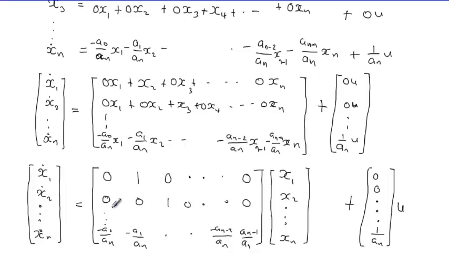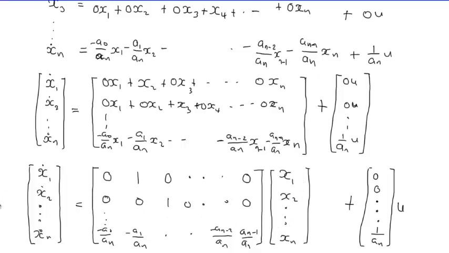Now, if we look at this, the differential equation which we had, we've actually represented here in matrix form. You note that here we've got a vector consisting of entries which are derivatives, and here we've got our state vector x1, x2 up to xn.